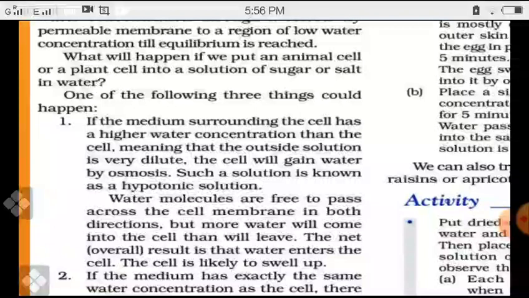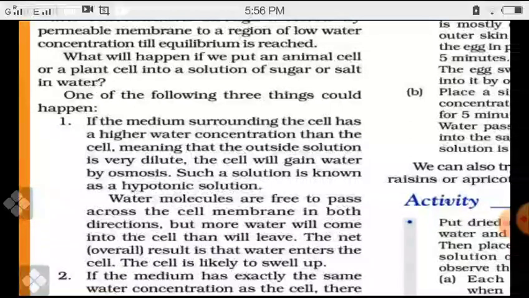But the cell inside this medium, what happens? The water molecules move inside the cell by the process of osmosis. Why? Because there is a difference in concentration. Such a solution is called a hypotonic solution.